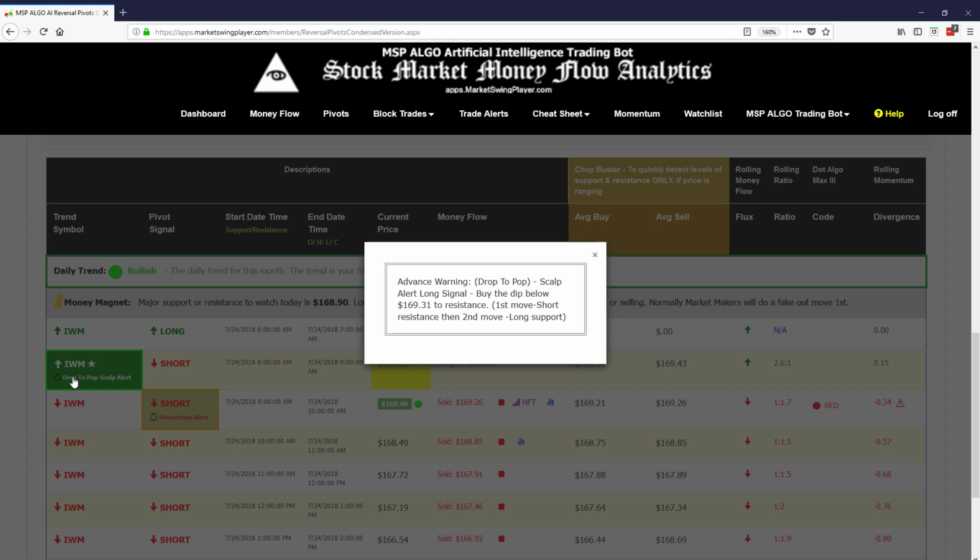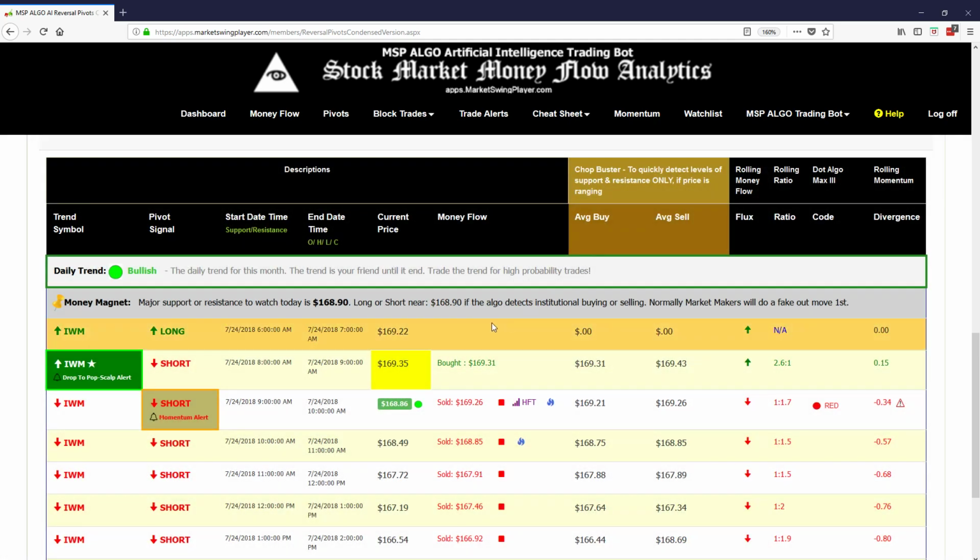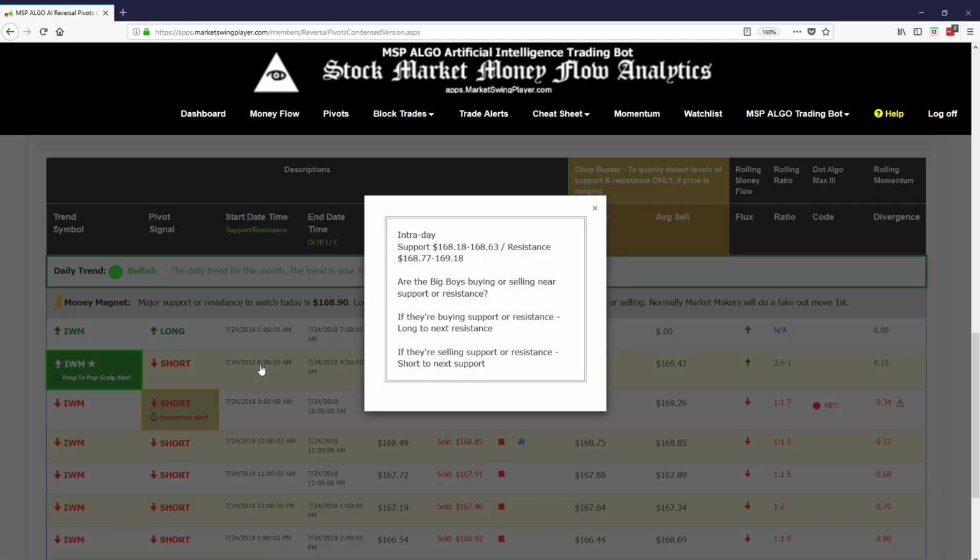So where is support and resistance? So we could see support is 168 to 168.6, and resistance is 168.77 to 169.2. And it says some stuff here. Number one, this is the intraday support resistance.